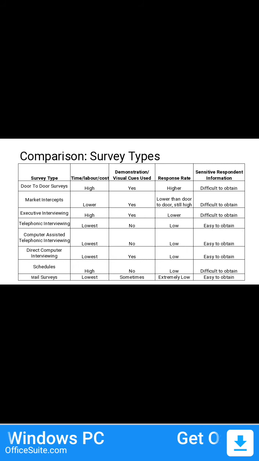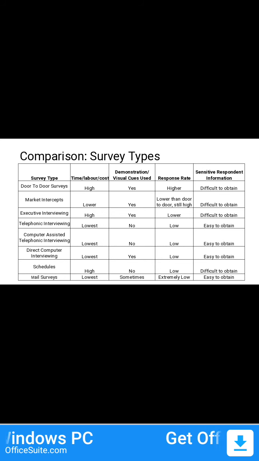This is because executives are generally busy people, so it would be difficult for them to find time out from their busy schedule to respond to your questionnaire. And that is why there is an exception as far as executive interviewing is concerned. Though there is a face to face interaction, though the two parties are interacting with each other directly, even after that the response rates are likely to be lower.